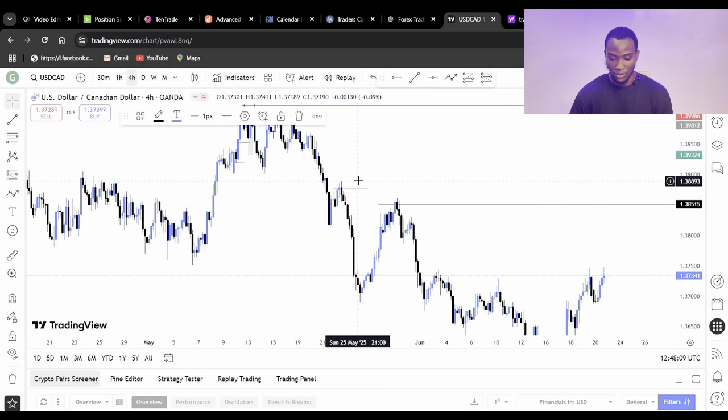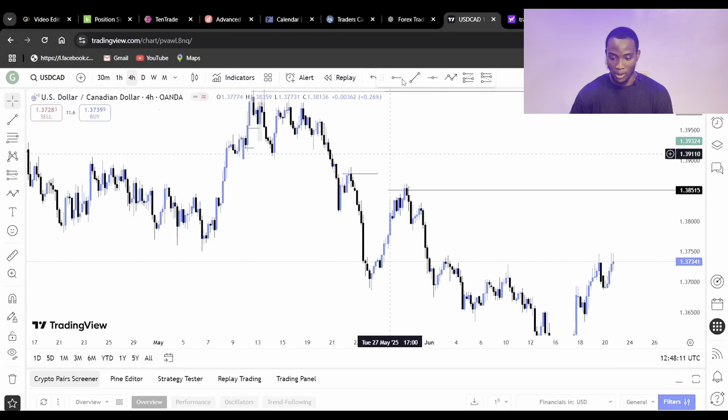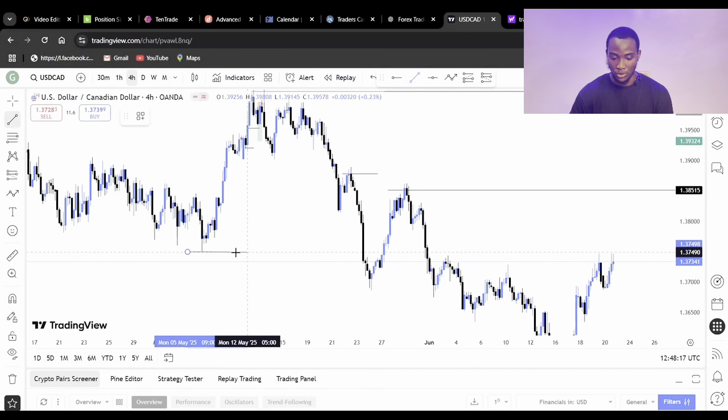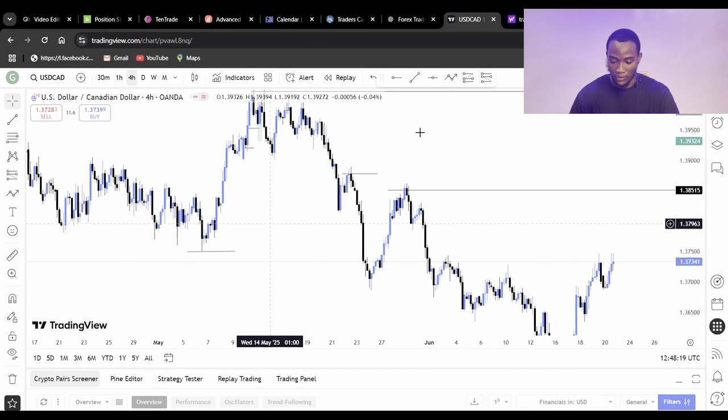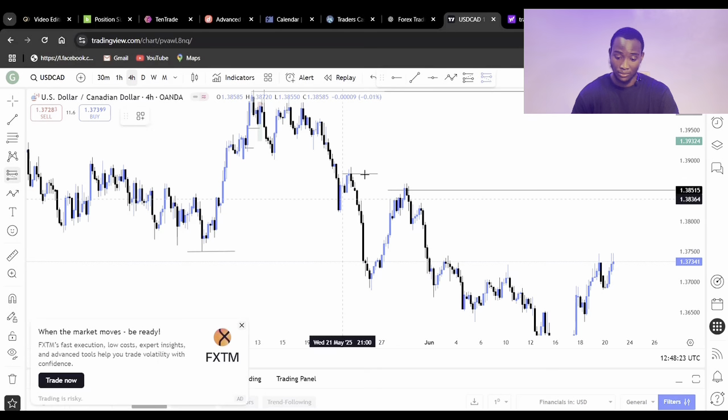So we'll be looking to take a trade from there, then targeting our normal 1:3. So this should be the zone we target. But if we get our 1:3 before this, that would be beautiful.